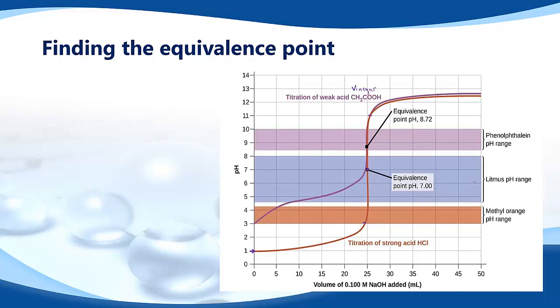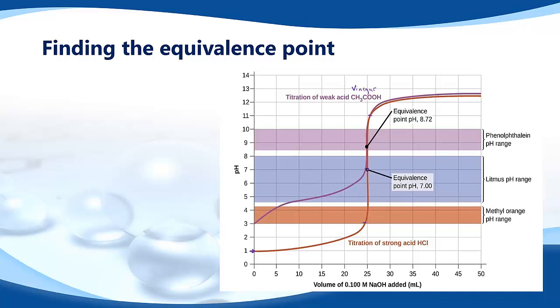So what we instead do is use phenolphthalein. And you're probably sitting there thinking, but why? If it's at 7 and phenolphthalein doesn't change until 9, won't we be really off? Well, here's the key thing. Here's the reason why we can get away with this.